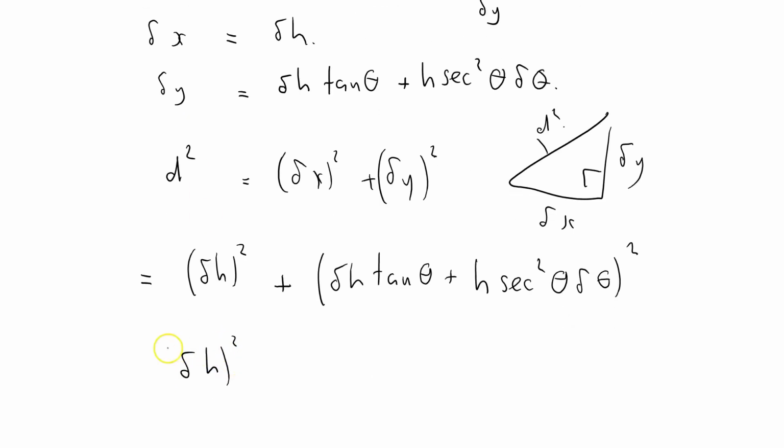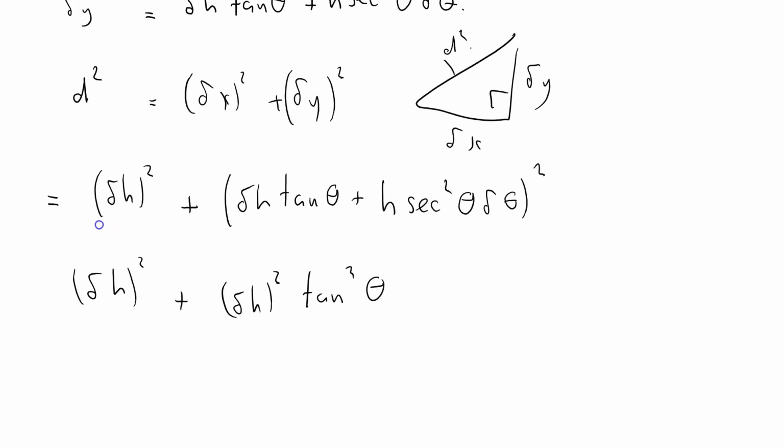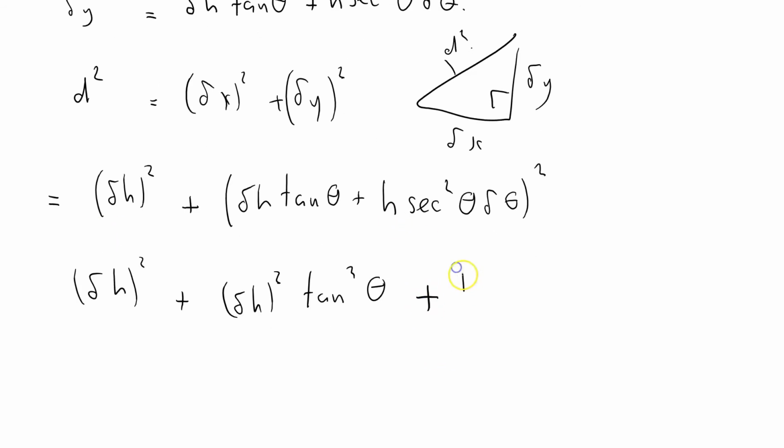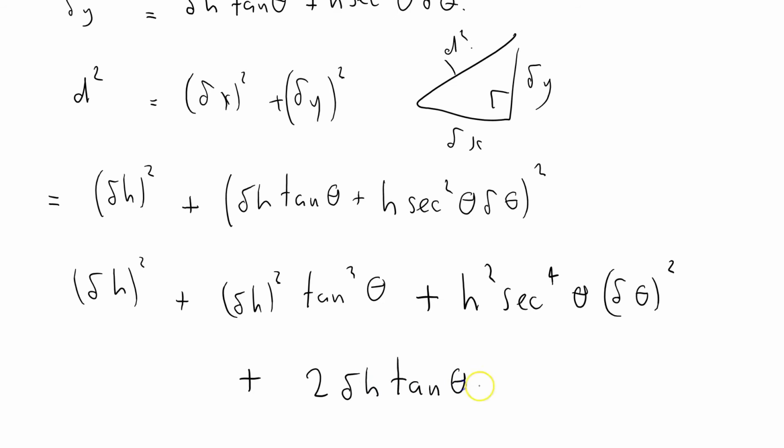Delta h squared plus delta h squared tan squared theta plus h squared sec to the 4 theta delta theta squared, that term squared, plus the cross terms, 2 delta h tan theta times h sec squared theta delta theta, just times delta theta.